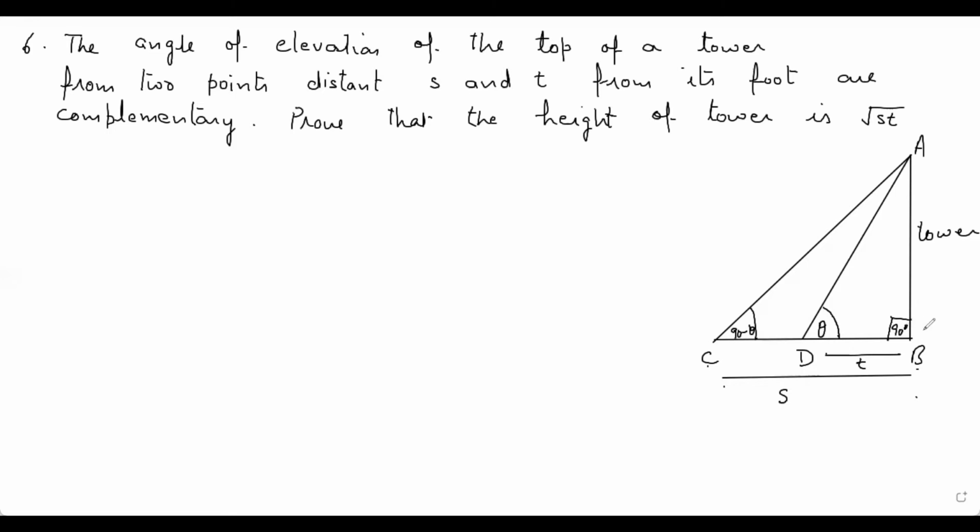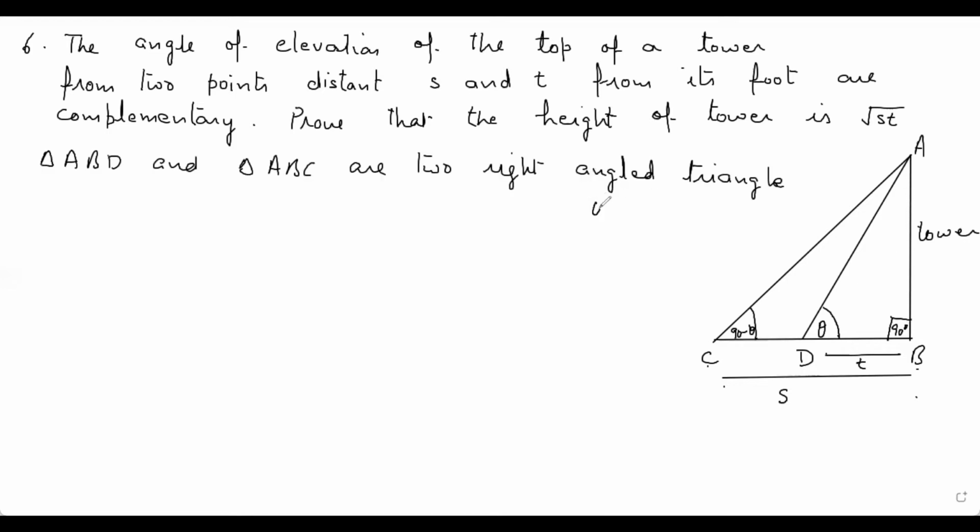Now angle B is 90 degree. I have two right angle triangles. One is ABD, the other is ABC, where angle B is 90 degree. Now in triangle ABD, AB is perpendicular, BD is base.